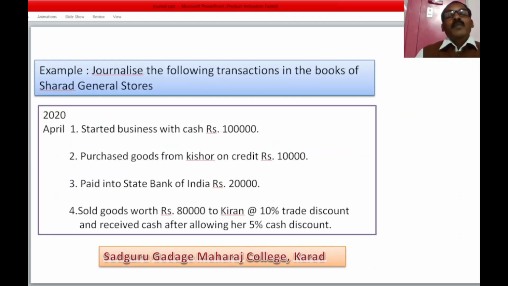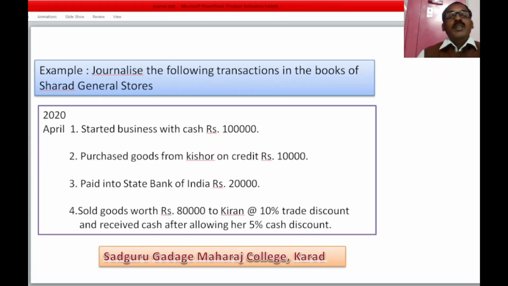Now I will explain how to record the following transactions in the journal. Journalize the following transactions in the books of Sharad General Stores. 2020 April 1st: started business with cash rupees 1 lakh. Purchased goods from Kishore on credit rupees 10,000.